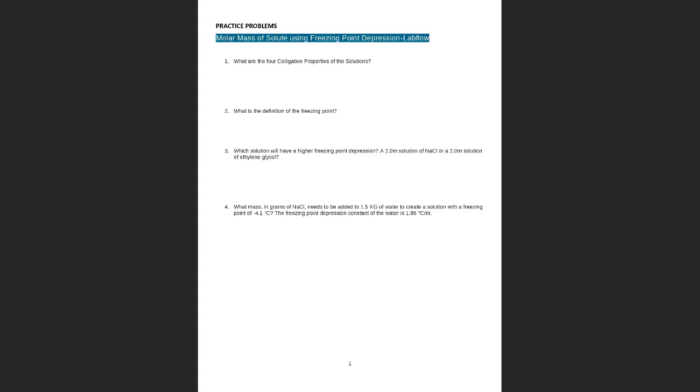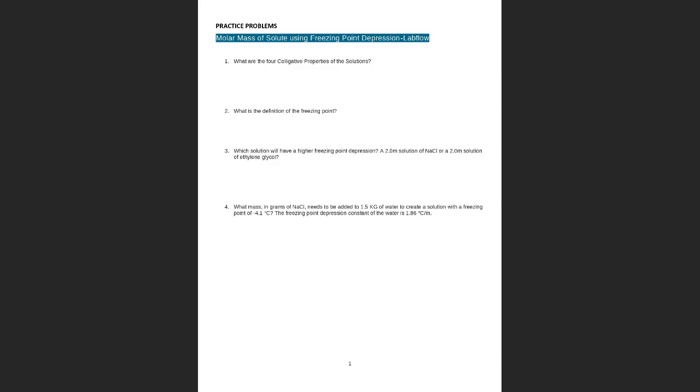Then what else? The one that we just did, freezing point depression, which means that the solution will have a lower freezing point than the pure solvent. So we have 2. Then we have the vapor pressure lowering.